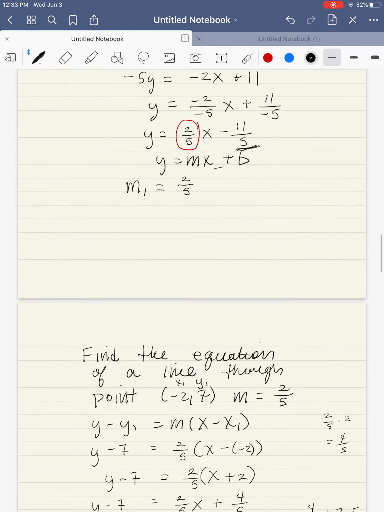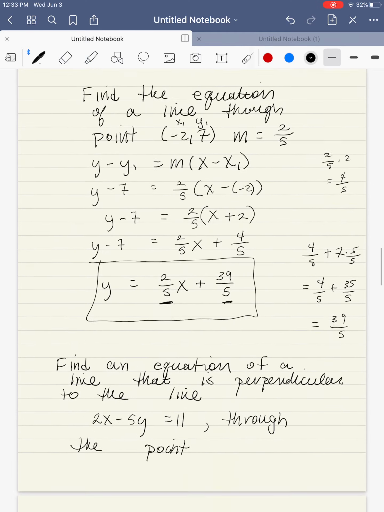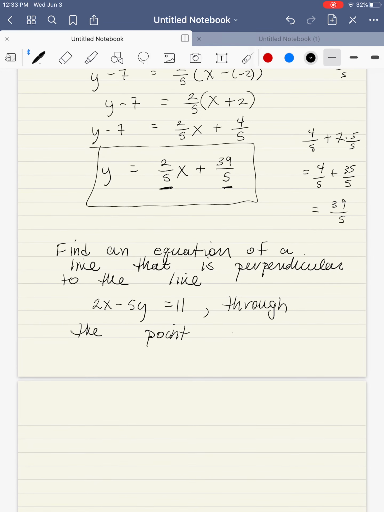And I'm just going to use that same line that we used in the previous problem, the line 2x minus 5y equals 11. And I'm going to go ahead and use the same point, through the point -2, 7.